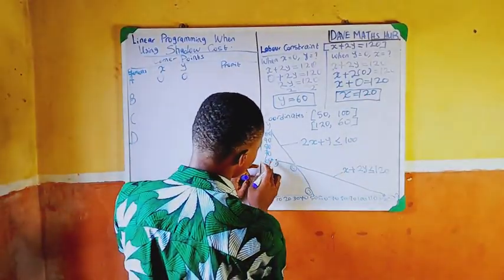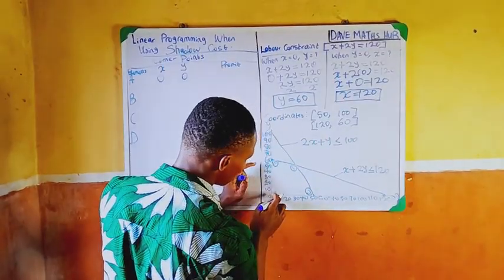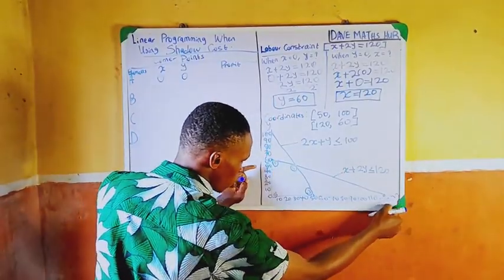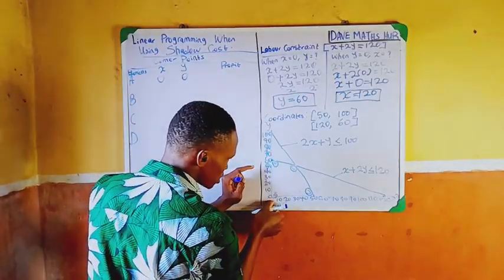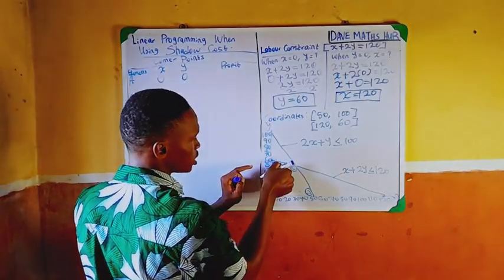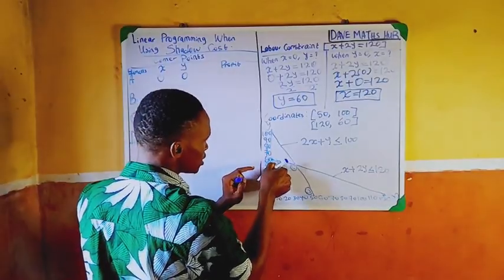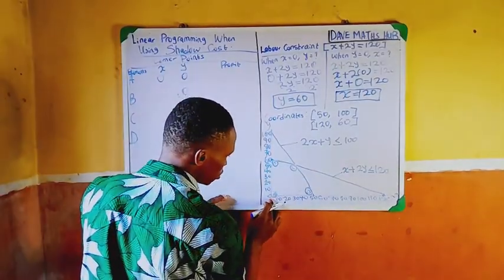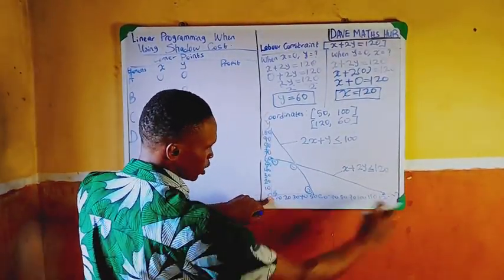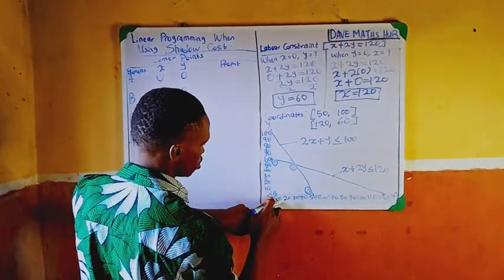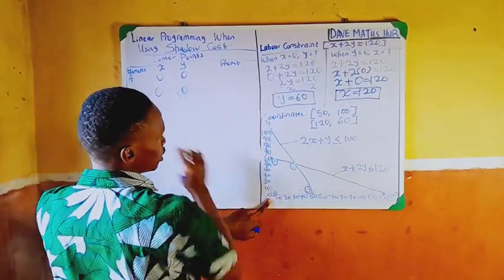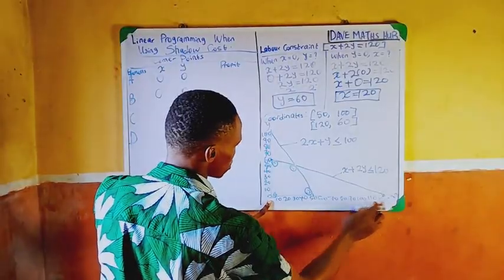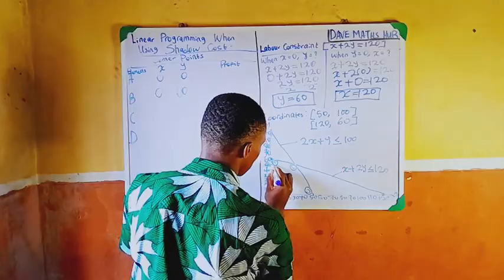B now is touching 60 on Y lane. So for X, coming from this side to get to this place, it has to come all the way to 0 first before it can go up to reach 60. Meaning this 60 is for Y. Tracing it down to meet the junction where X can begin, it meets at junction 0. For C now, that is not touching Y, not touching X, we have to trace it using dotted line.